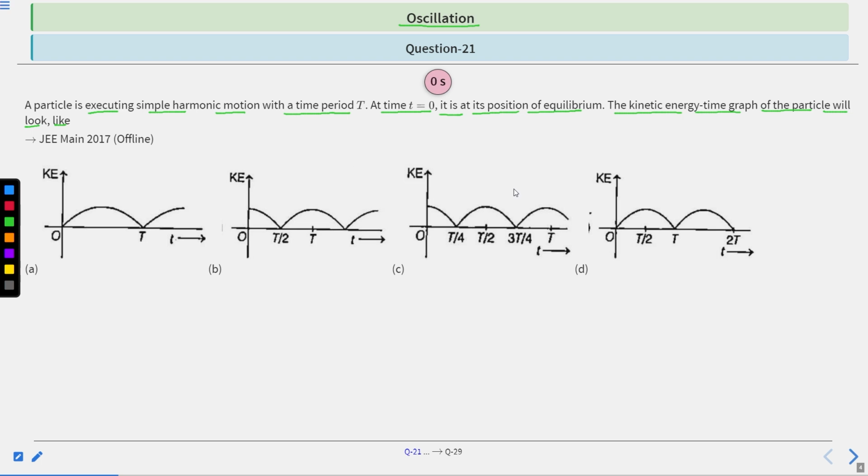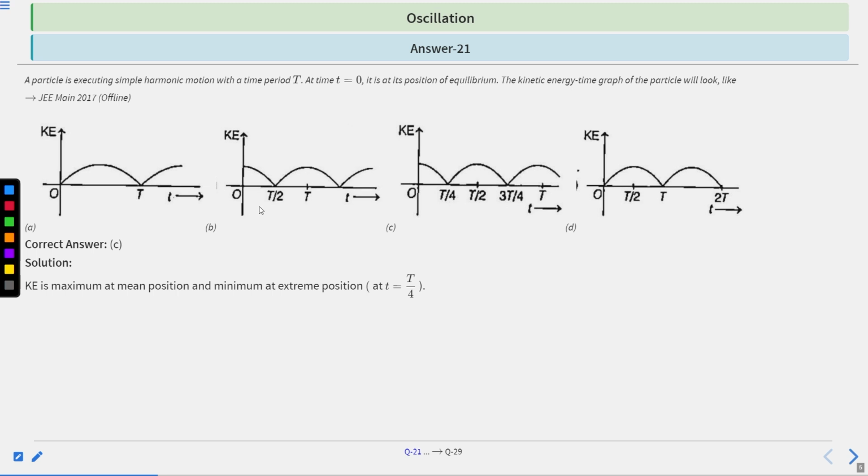Let's find the solution. According to the question, at t equal to 0, it is at its position of equilibrium. Kinetic energy is maximum at the mean position and minimum at the extreme position. At t equal to T/4, it reaches the extreme position.